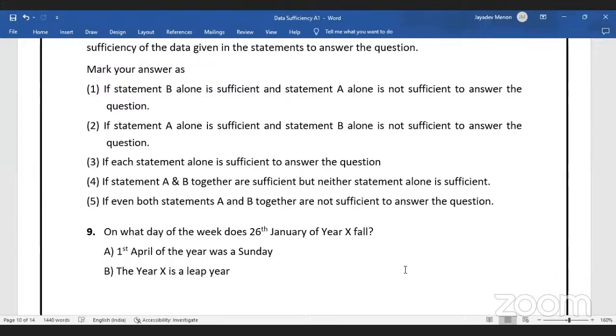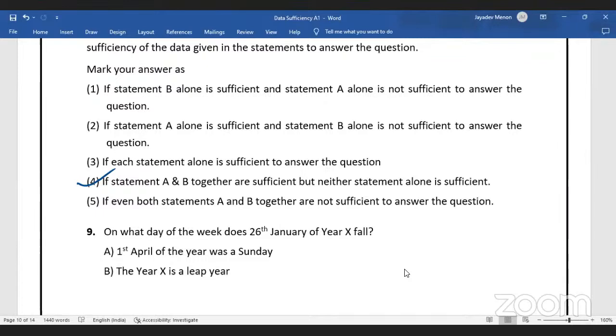Option 4 is correct. Statements A and B together are sufficient, but neither statement alone is sufficient. Question is, on what day of the week does 26th January of year X fall? So we need to find which day is 26th January, whether it is Monday, Sunday, Wednesday, like that.